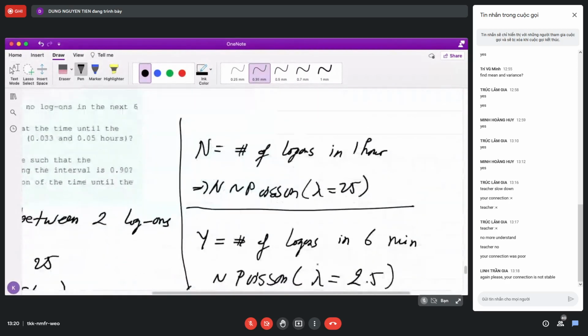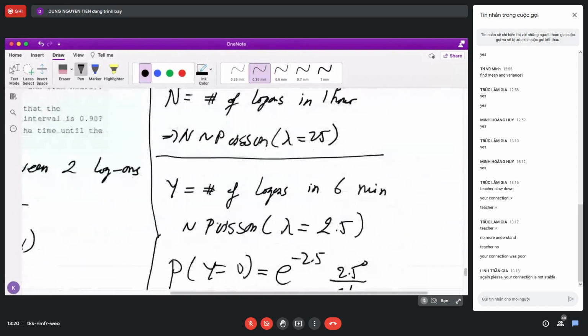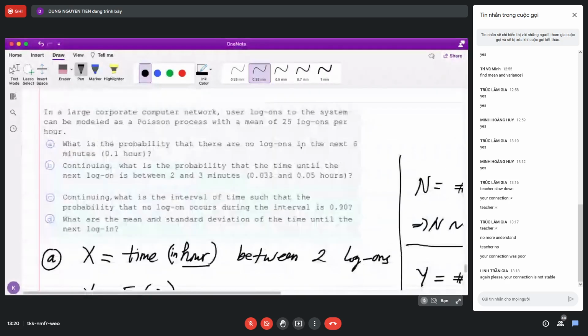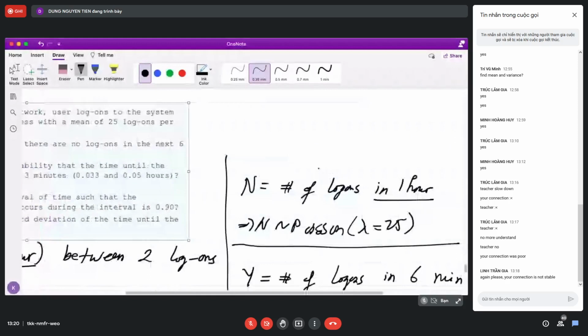Okay. Now, I don't want the number of logons in 1 hour. I want to find the number of logons in only 6 minutes, in a period of 6 minutes. So I denote by y the number of logons in 6 minutes, right?